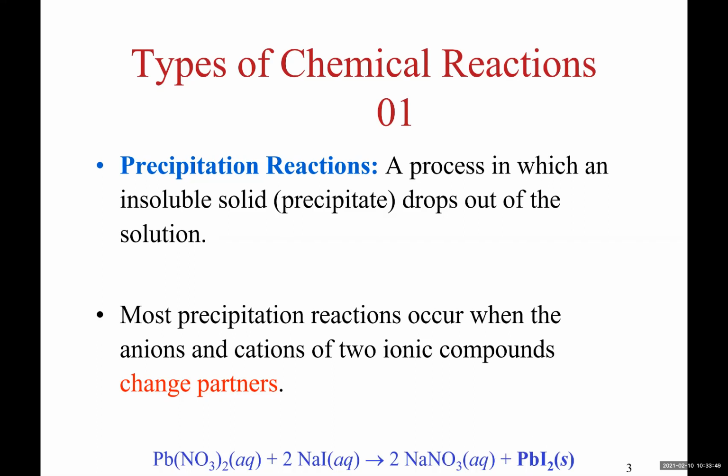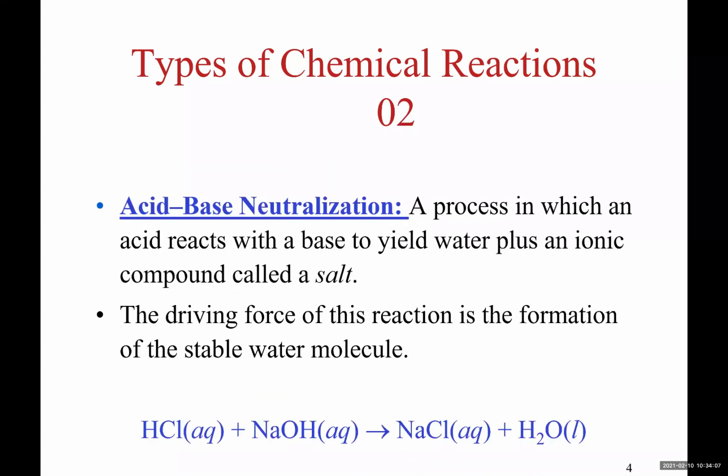So I write S here. S for solid, aqueous for solutions in water, aqueous and aqueous. So we want to make sure to show the phase of the reactants and product so we can see which one is the precipitate.